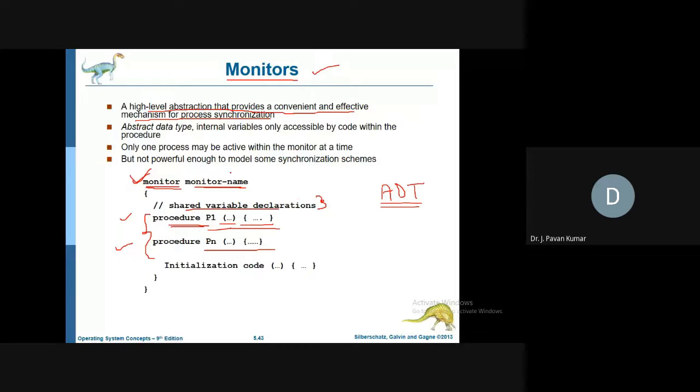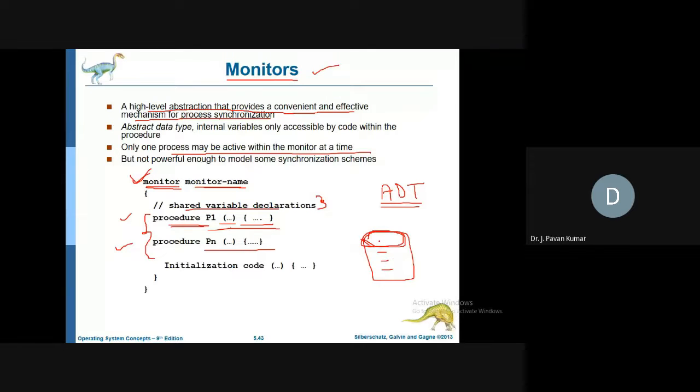The concept here is that at a time only one process may be active within the monitor. Let us assume the monitor is this particular box. In it we will have several procedures, P1, P2, P3, and so on, Pn. Whenever a process has entered this monitor, no other process can be active within it.